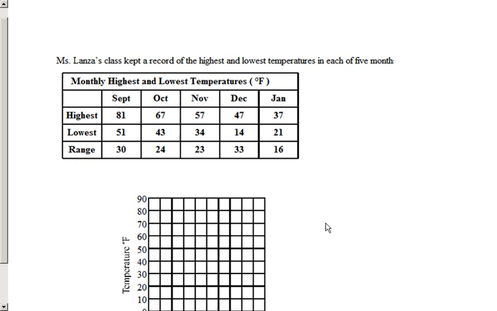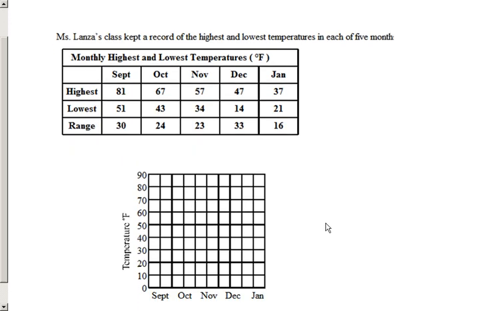So if I wanted to create my double line graph, I could do that by selecting my pen and being ready to create my data. And again, I am going to have two broken lines on this graph, one representing the high temperature, one representing the low temperature. So in September, the high temperature was about 81 degrees. So I put my point in October about 67, so maybe there. In November, about 57, so maybe there.